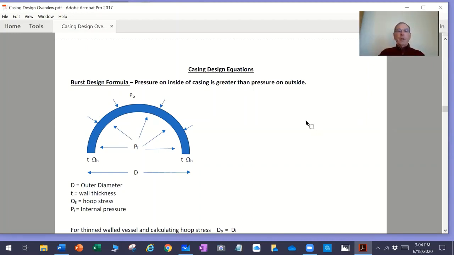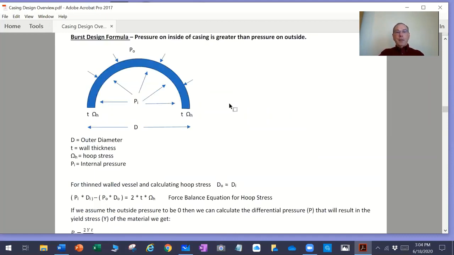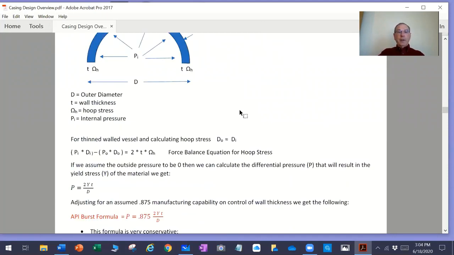And that's what we're going to use to derive a pressure equation. So it has a pressure on the inside. It has a T, which is the wall thickness of the pipe. And it also is going to have a stress in this cross-sectional area, hoop stress in that cross-sectional area. So for thin-walled pipe, we can almost think that the OD and the ID are very close to each other on something that is very, very thin-walled.